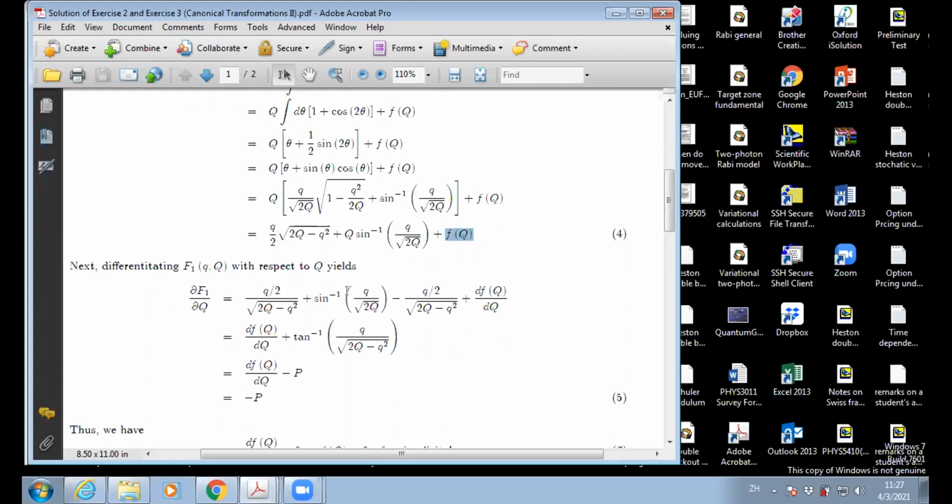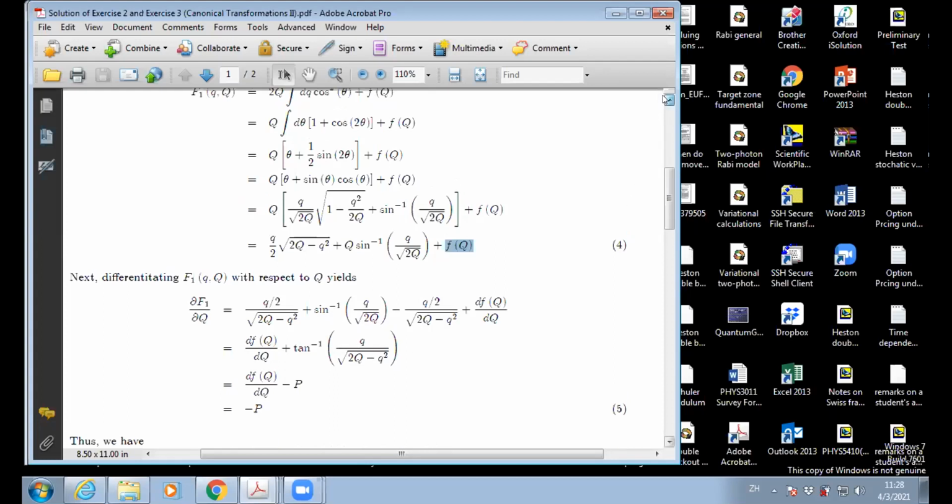This is an arcsine function. We can also change it to an arctangent function, all right? Because sine of some angle equals q over the square root of 2 capital Q. It is the same as taking the arctangent function of this expression.